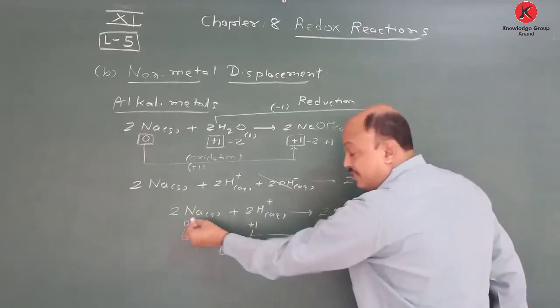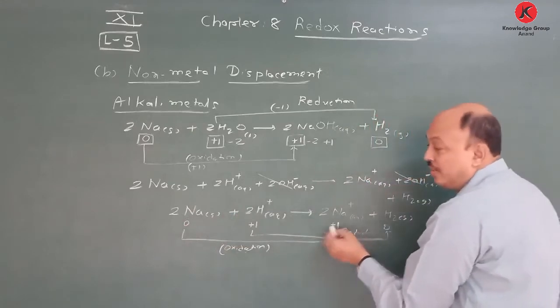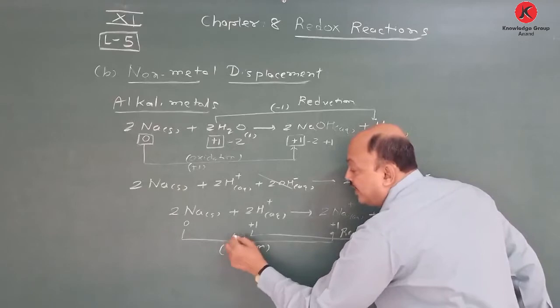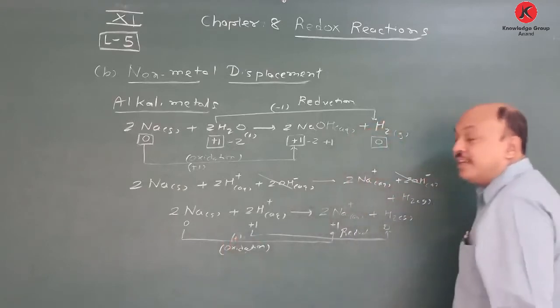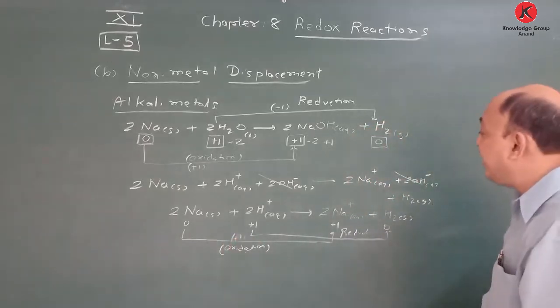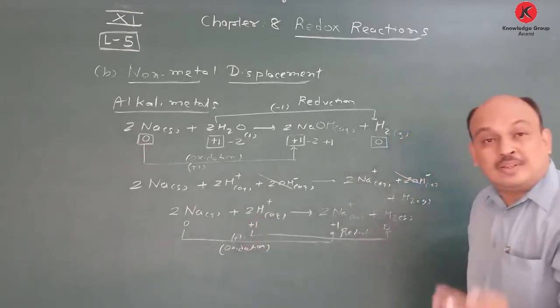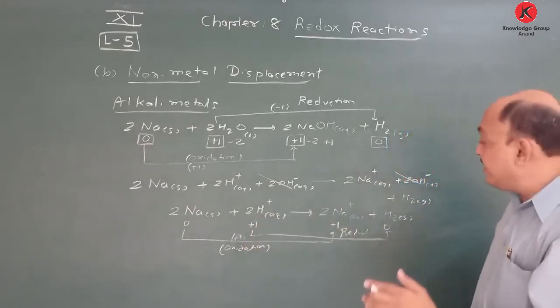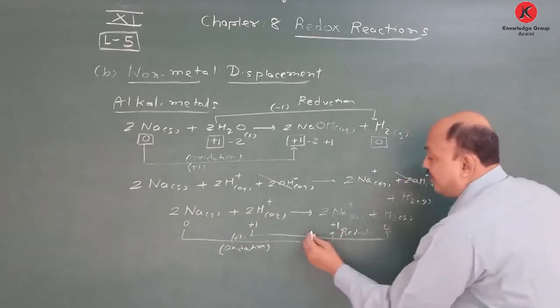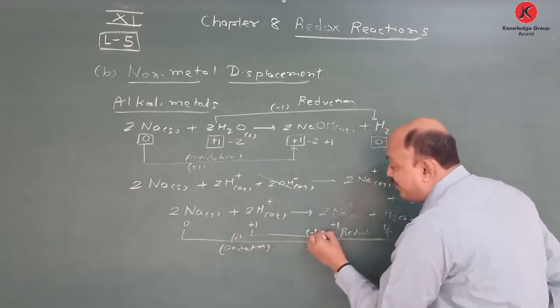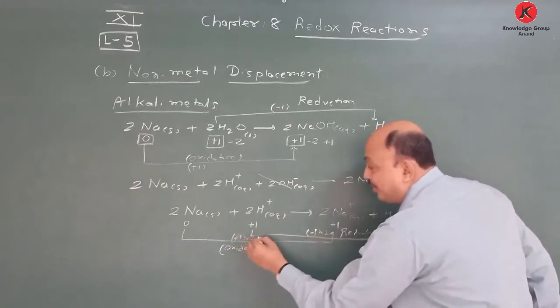Here Na 0 is converted to plus 1, so the oxidation number increased by 1, and therefore it is considered an oxidation reaction. H plus 1 to 0 means a decrease in oxidation number, so it is minus 1. And here, multiply with 2 and here also multiply with 2.